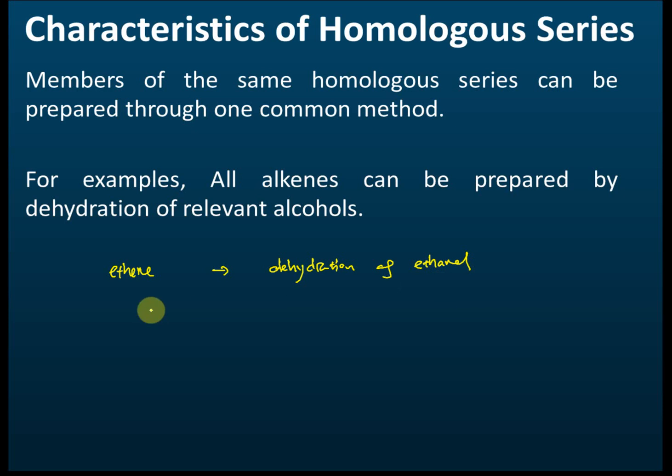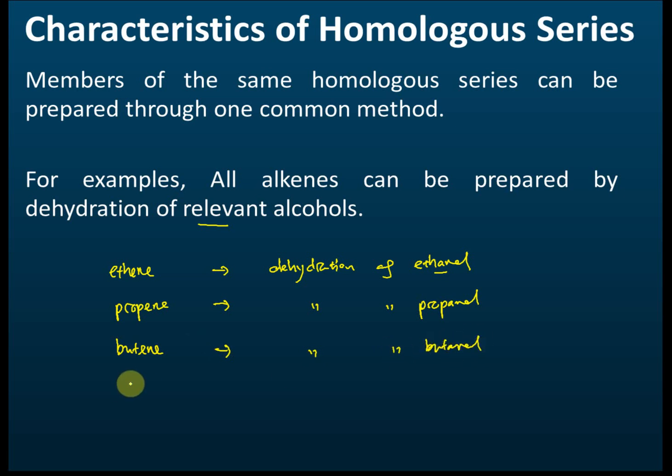If we want to prepare propene, another alkene, we can use the same method. We use dehydration, but this time we do not use ethanol, because we must use the relevant alcohol. This time we use propanol. If we want to produce butene, we can use dehydration of butanol.